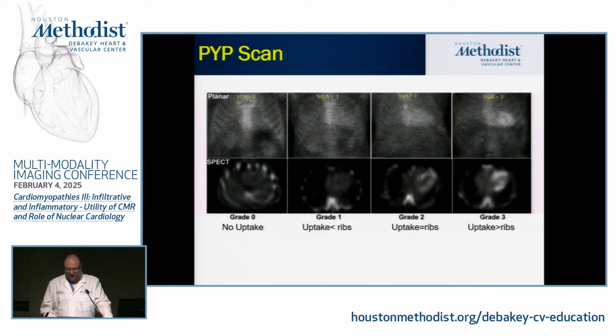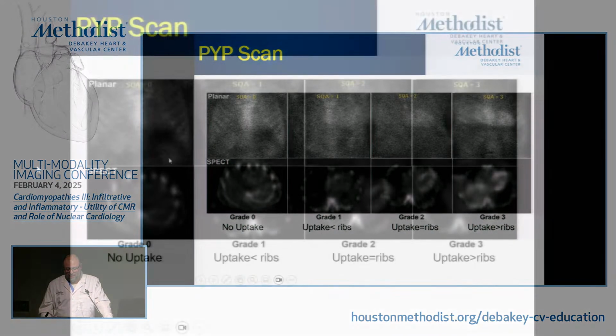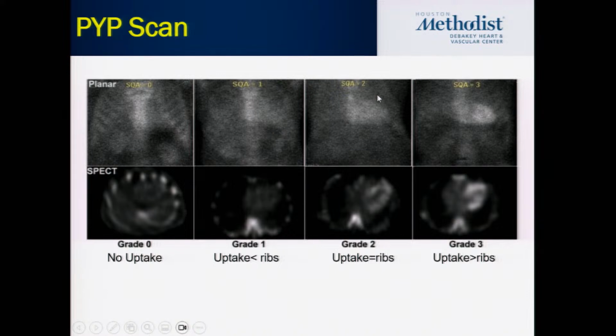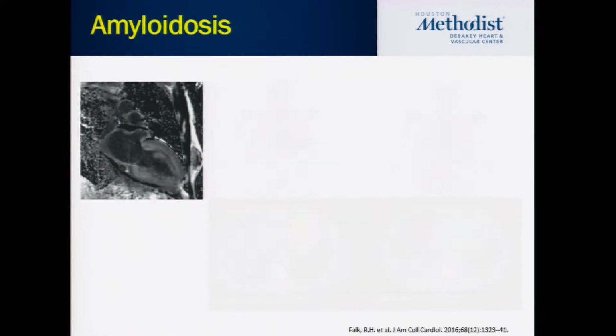But that didn't pan out too much until this paper that made this whole field come up almost 10 years ago, which said now we can grade myocardial PYP and look at it on planar imaging, which is like a chest x-ray, or SPECT imaging, which is equivalent to your CT, so it's more of a tomographic imaging.